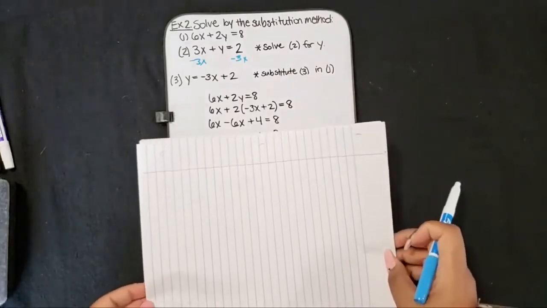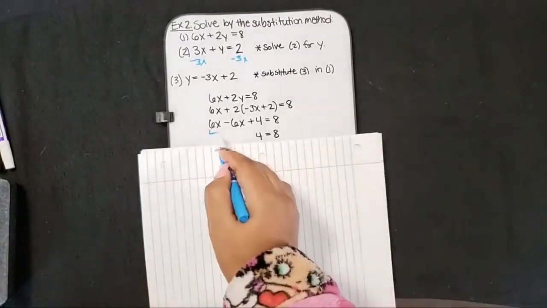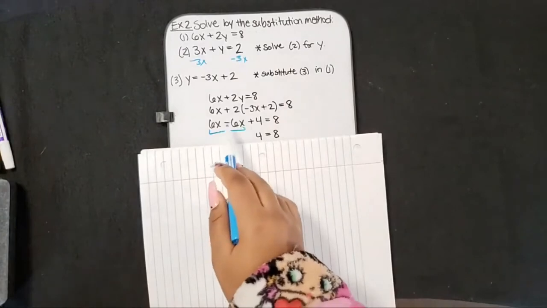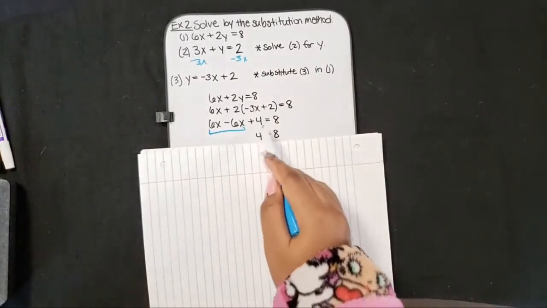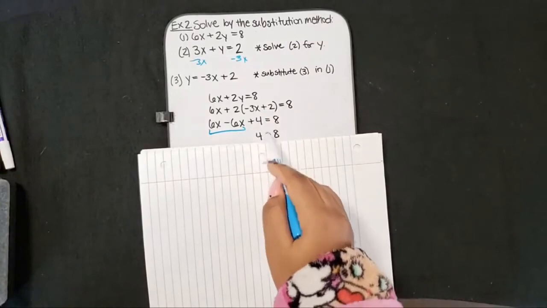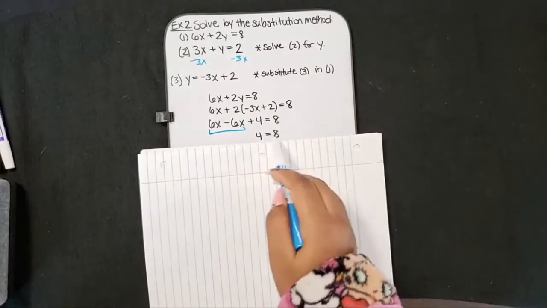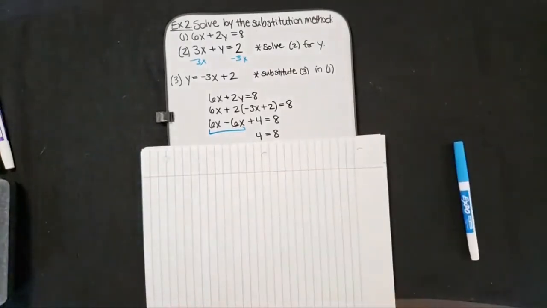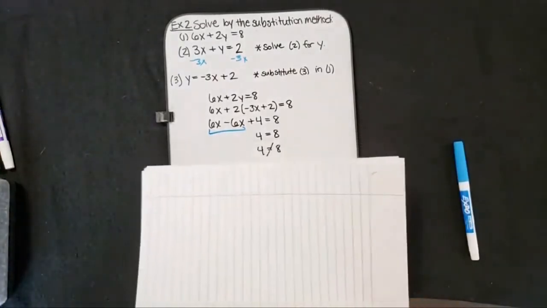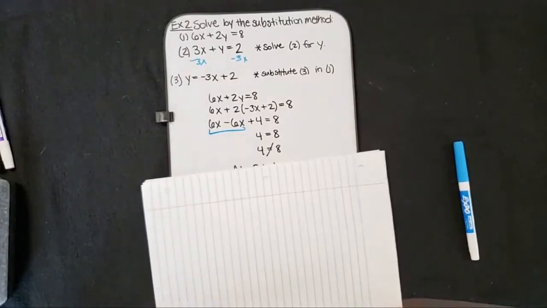From here, we have to combine like terms. 6x minus 6x is 0. So we have 4 left, the equals sign, and the 8. The way that we say that is 4 does not equal 8.